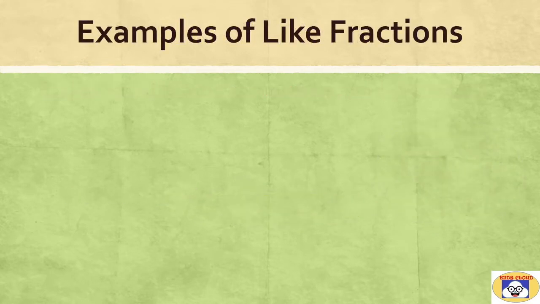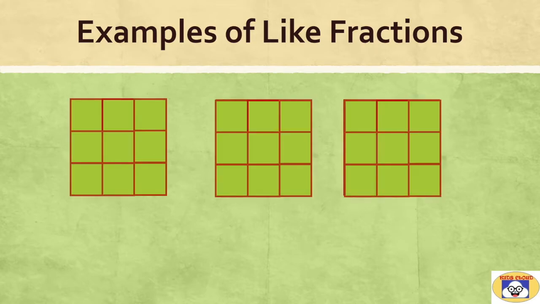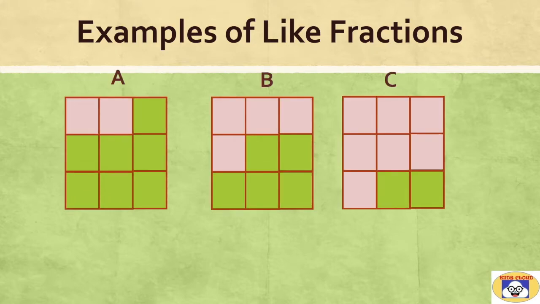Let's study the examples of like fractions. Here are three identical squares. We have divided each one into 9 equal parts. In all these three squares, we have colored different portions in pink. In A, 2 portions are colored out of 9.